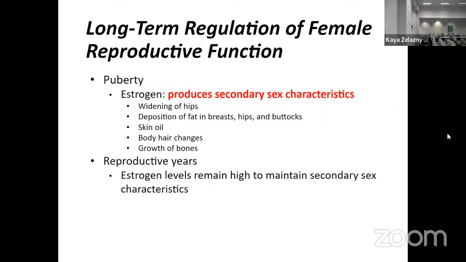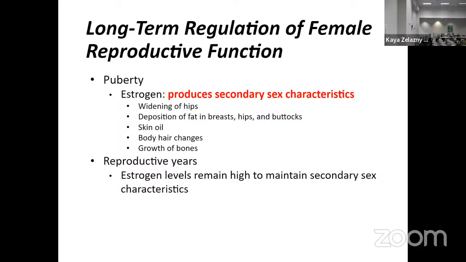All right, so that's what's going on. We do overall have changes throughout the lifespan that are related to these hormones. So specifically to estrogen. Estrogen rises, and especially rises during puberty.